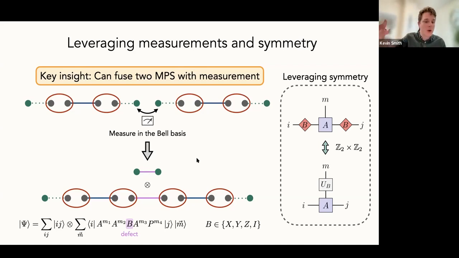This is where feed forward comes from. We can take this information and now just apply, say, this unitary here, which is going to slide this defect over to the left. And then we can apply it again to slide the defect over further, and finally act with this operator B at the left edge to remove it entirely. And so in this way, we've now prepared the AKLT state deterministically, despite our use of probabilistic measurements.